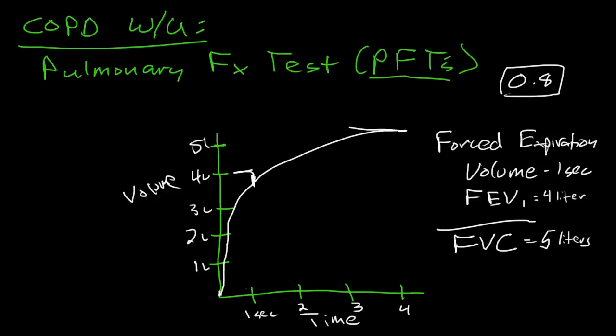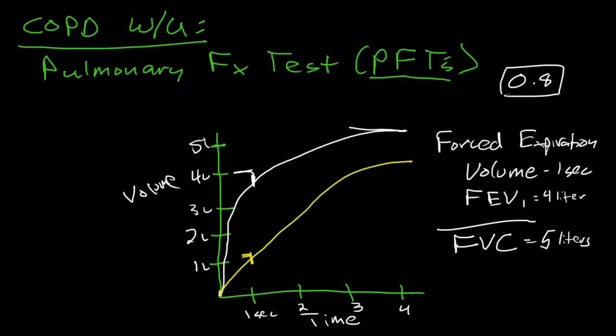Now, with a person with COPD, whether they have chronic bronchitis or emphysema, it doesn't matter. We're measuring obstruction here. Their curve is going to look more like this. And that's just a rough drawing, but you can see here, well, this person's FEV1 is terrible.